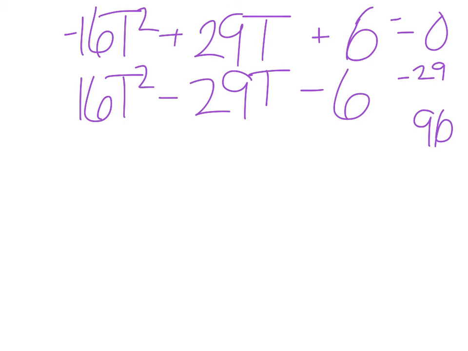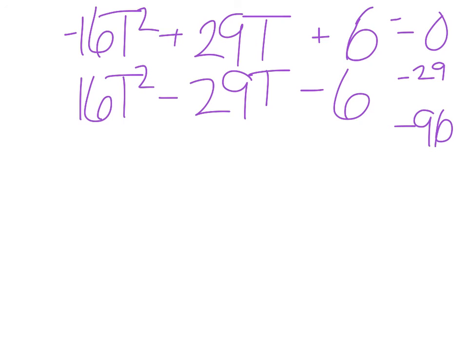So now I have to figure out, how do we multiply to get negative 96 and have the factors be 29? So that means, again, as we've done before, if this is negative and this is negative, that means something's negative, something's positive.